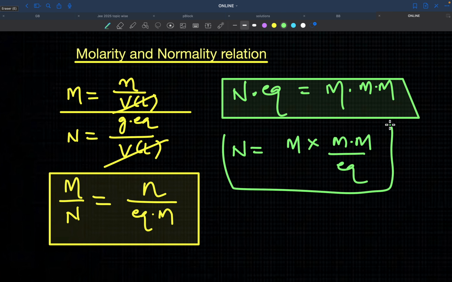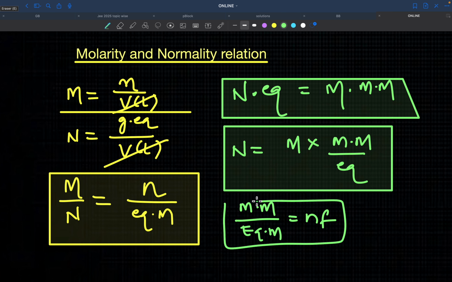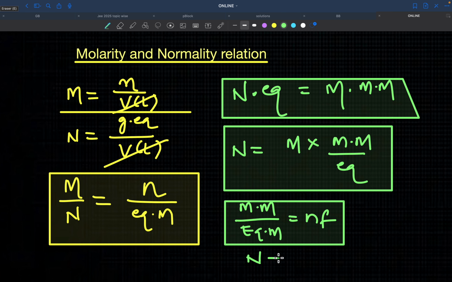In fact, molar mass by equivalent mass is the n factor. Therefore normality equals molarity into n factor.